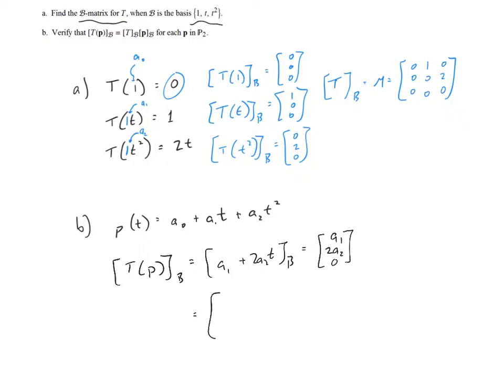And if you check and write down your matrix M, 0, 0, 0, 1, 0, 0, 0, 2, 0, then times a0, a1, a2, and go through the row by column multiplication. Well, that row times column produces just a1. This row by column produces 2a2, and row 3 times that column gives us 0. Hey, we got the same answer in both cases. Good job, us. Okay, good.